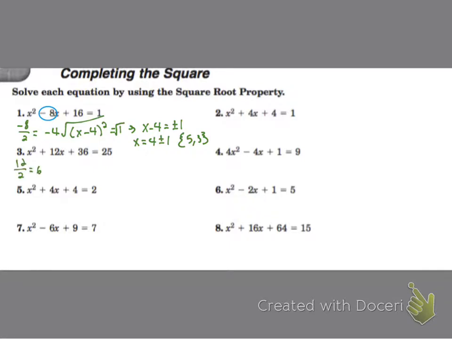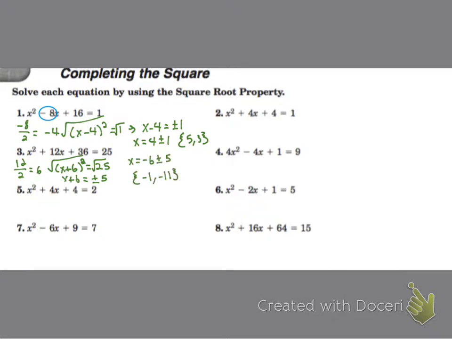Number 3, we take 12 divided by 2. Gives us 6. Well, x squared plus 12x plus 36 is a perfect square trinomial. The binomial squared it's equal to is x plus 6 squared equals then 25. So again, from here to solve, square root, and we get x plus 6 equals plus or minus 5.